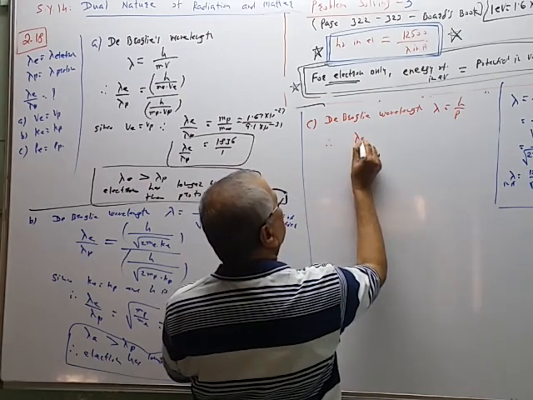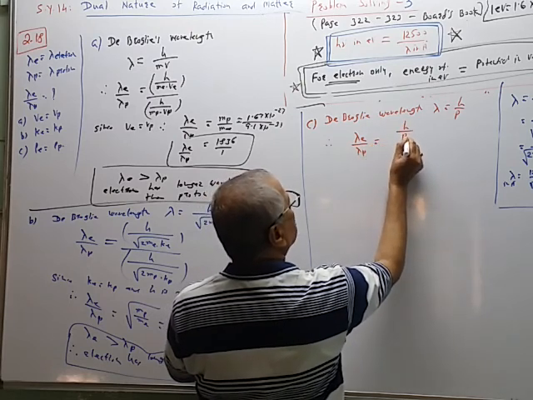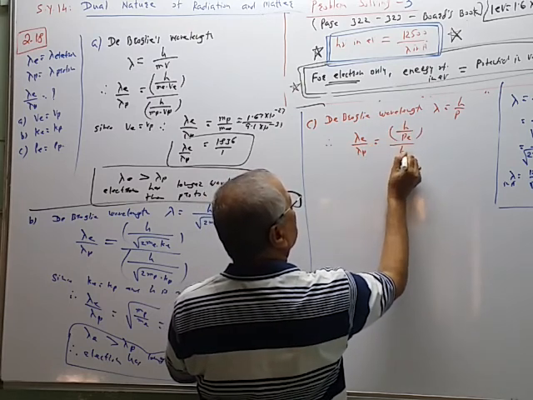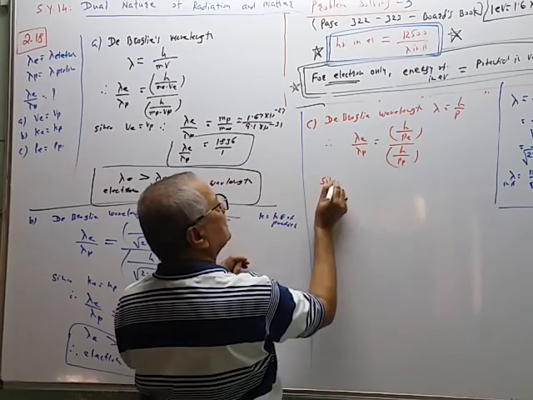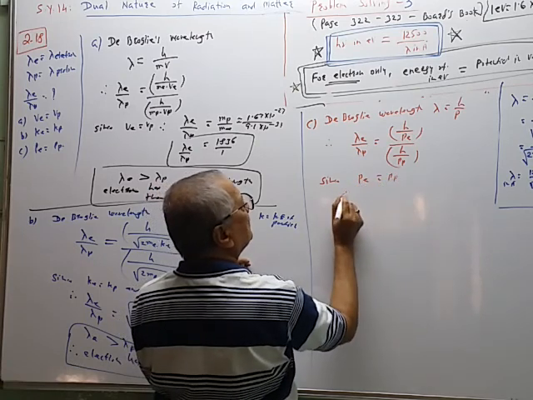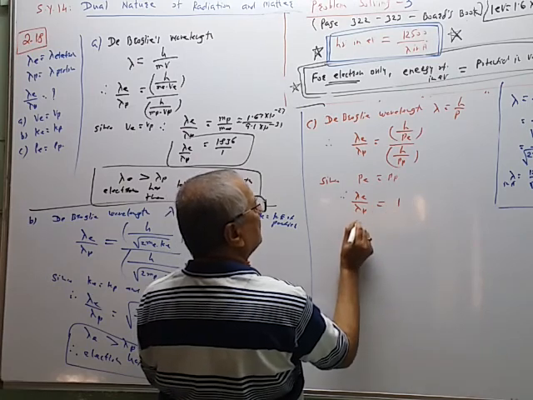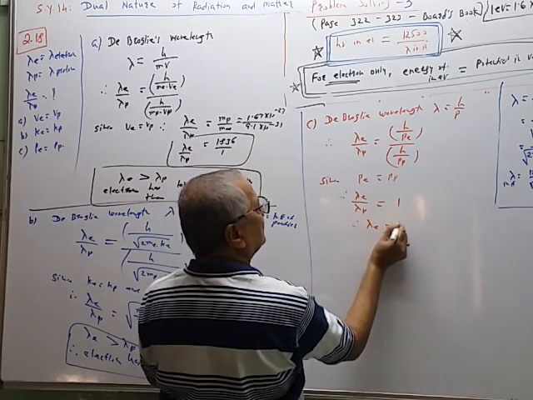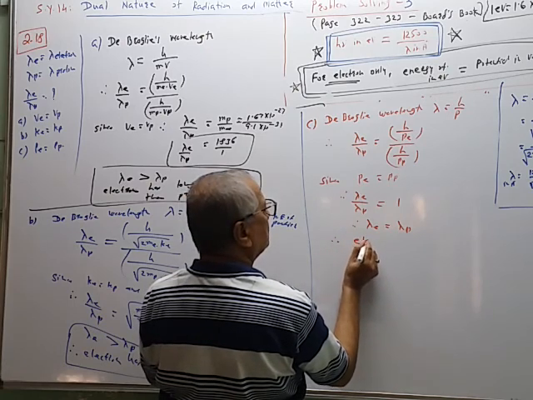Therefore, lambda electron upon lambda proton is equal to h upon momentum of the electron divided by h upon momentum of the proton. Since momenta are equal, Pe is equal to Pp, therefore lambda E upon lambda P is equal to 1, therefore lambda E is equal to lambda P.